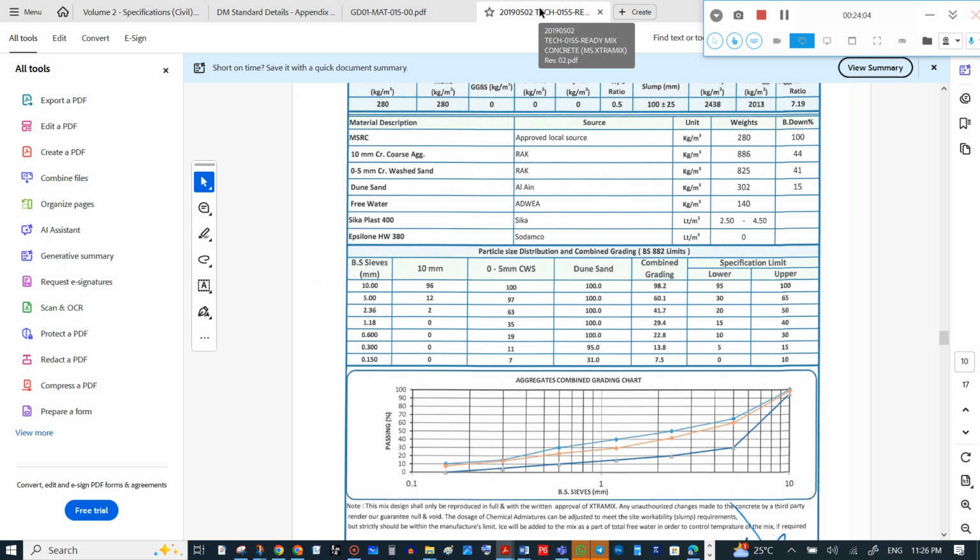Here we have 10 mm coarse aggregate, 0 to 5 fresh sand aggregate, and rule sand also provided. So this is the weight. MSRC is 280 kg.